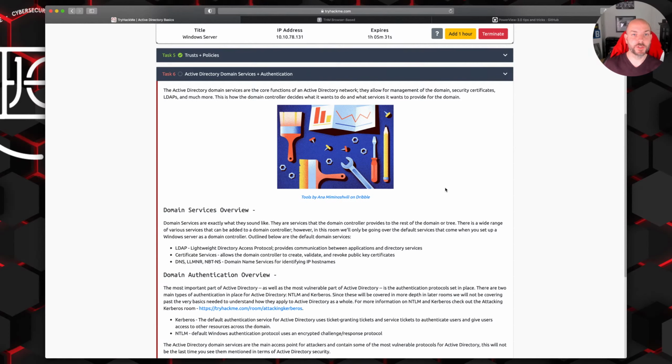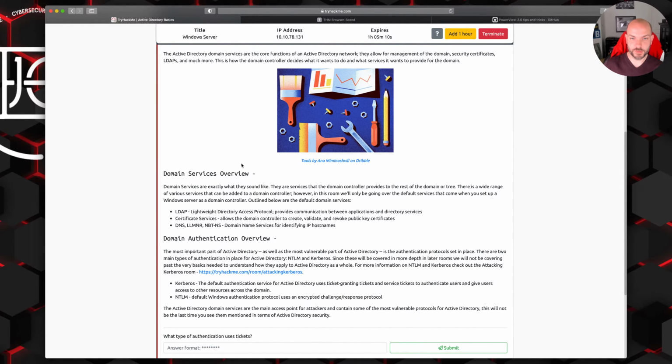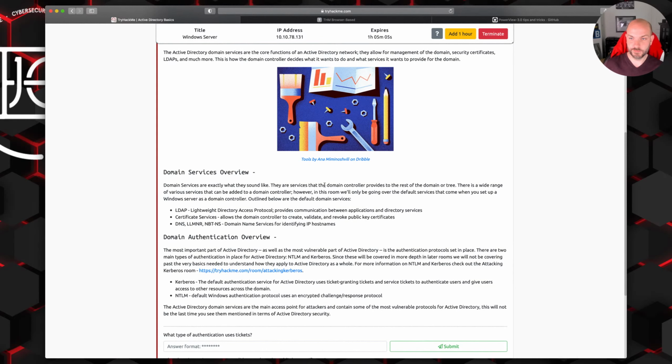All right, so Active Directory domain services and authentication. The directory services are the core of what the domain controller is going to be doing within Active Directory. But there are different services that we mentioned before. I mentioned DNS before, and they've got a few here. LDAP, Lightweight Directory Access Protocol, provides communication between applications and directory services.